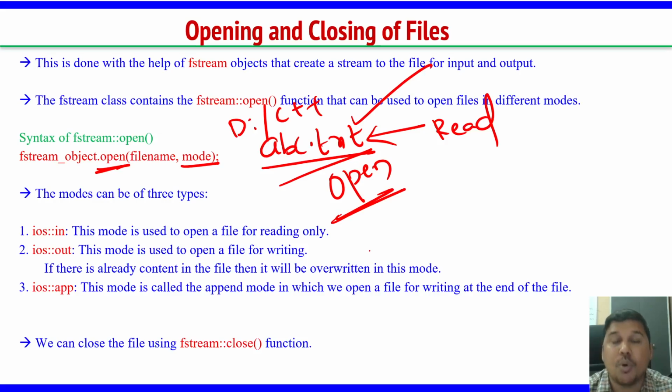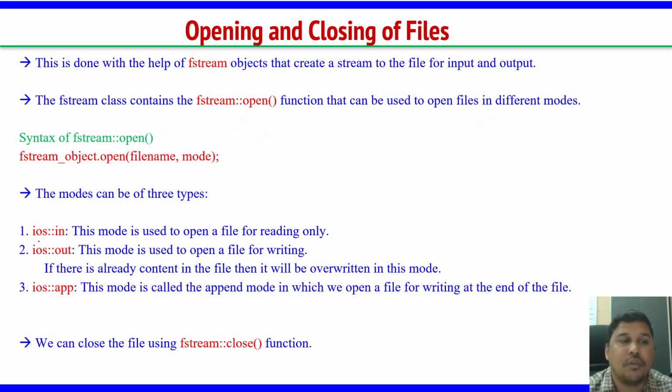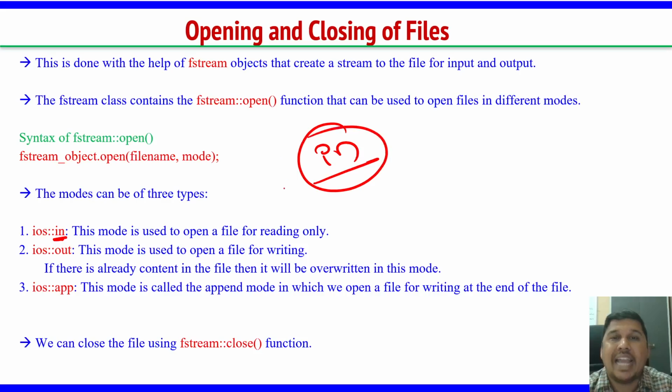So, what are the different modes available? The first mode is in. When you open a file with in mode, it is used only for reading. When you open the file with out mode, it is only for writing.